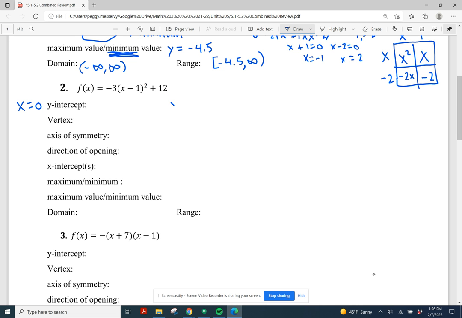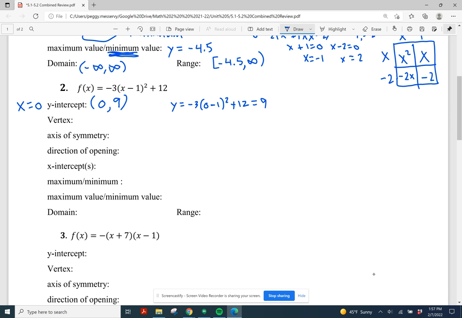So we'll plug in 0, and we'll find out that the y-intercept is, you can use a calculator or you can go through the math without a calculator. 0 take away 1 is negative 1, but when we square it, we get positive 1. Negative 3 times 1 is negative 3, plus 12 is 9. So my y-intercept is 0, 9.